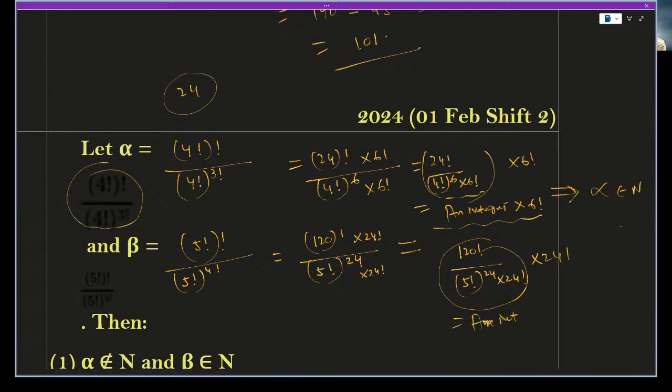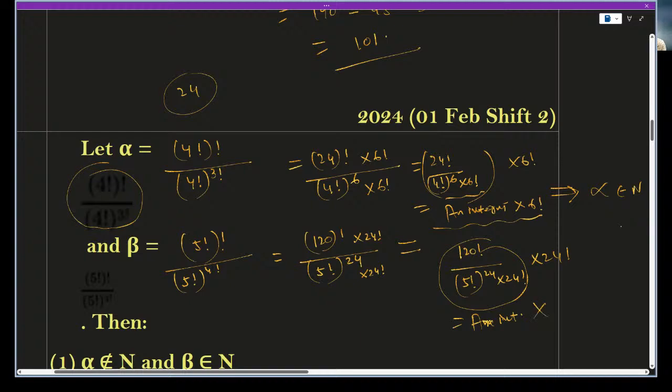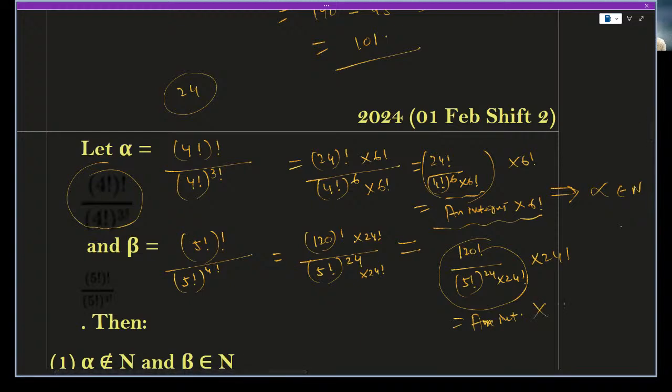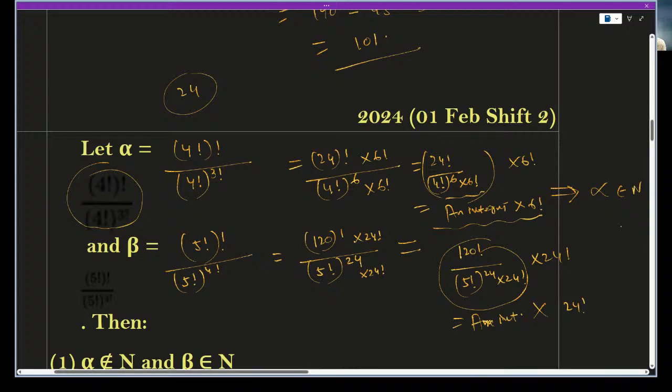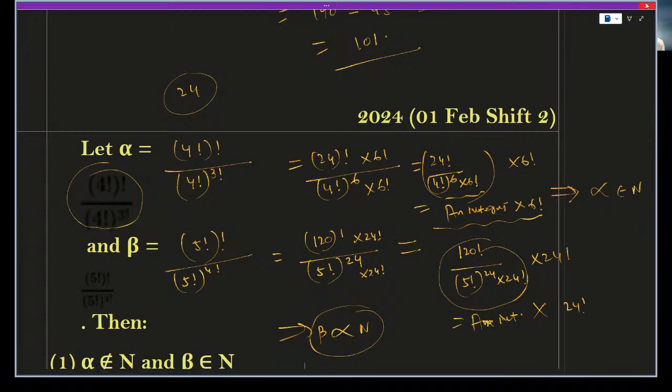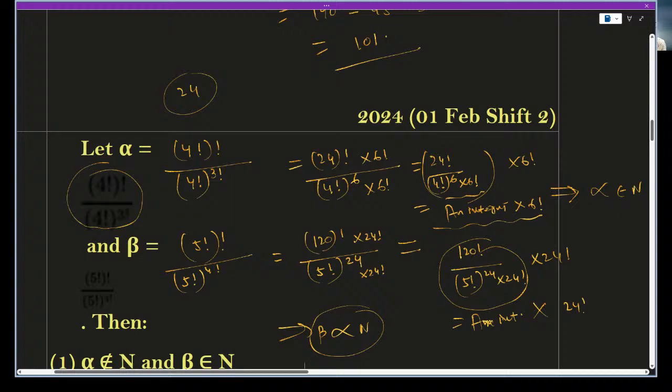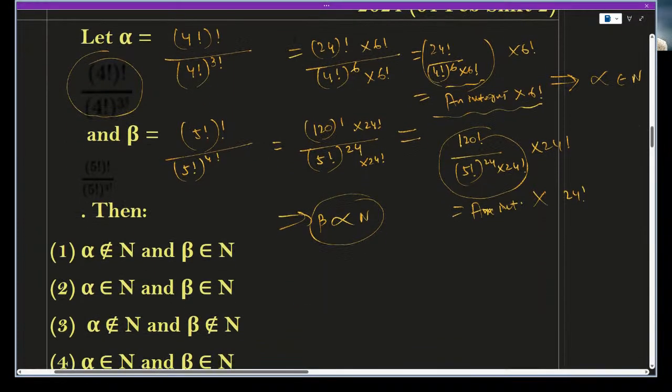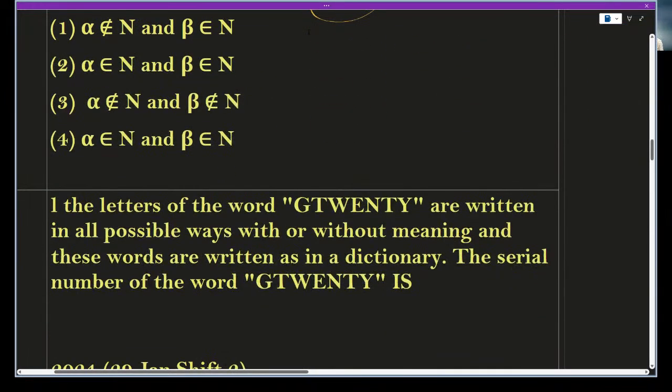An integer multiplied by 24 factorial, always an integer. So what does this imply? Beta belongs to N. You understand? Why have we revised division into groups? First, it is because of this factor. Done? Let's go for the next one.